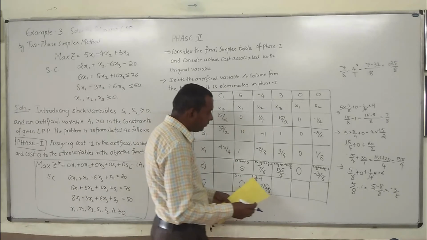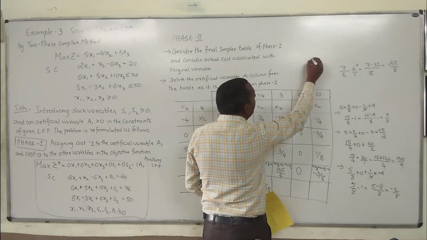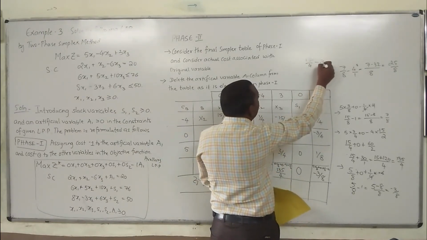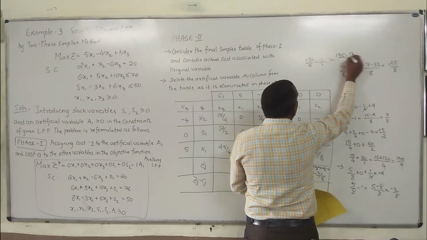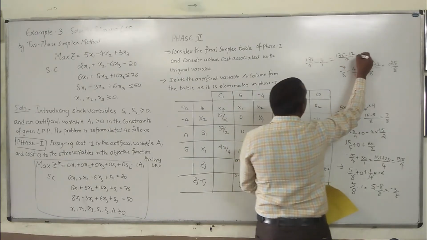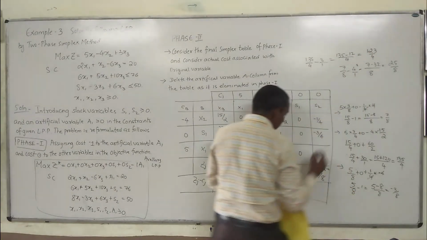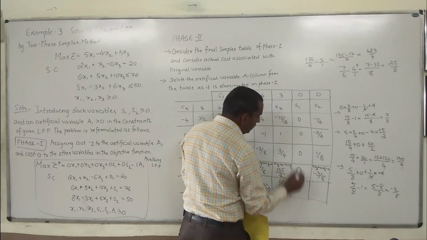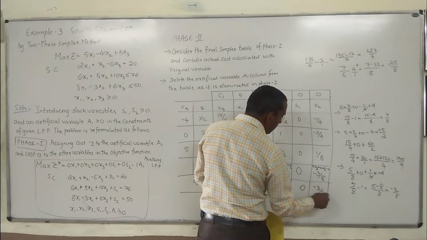Next, 135 divided by 4 minus 3. So it is 135 minus 12 divided by 4. It is how much? 123 divided by 4. This is 0 and I think this is minus 3 by 8.